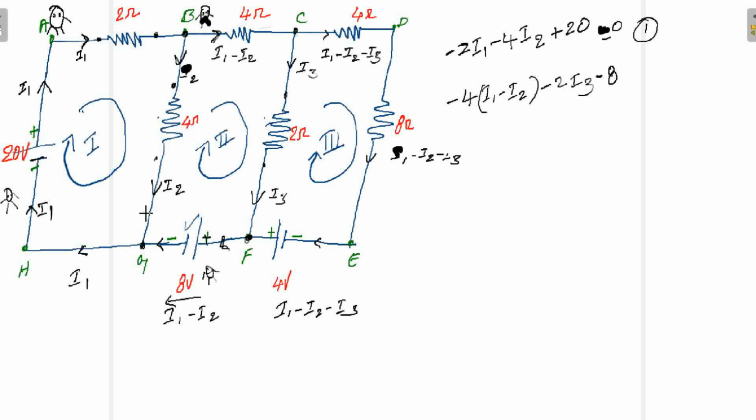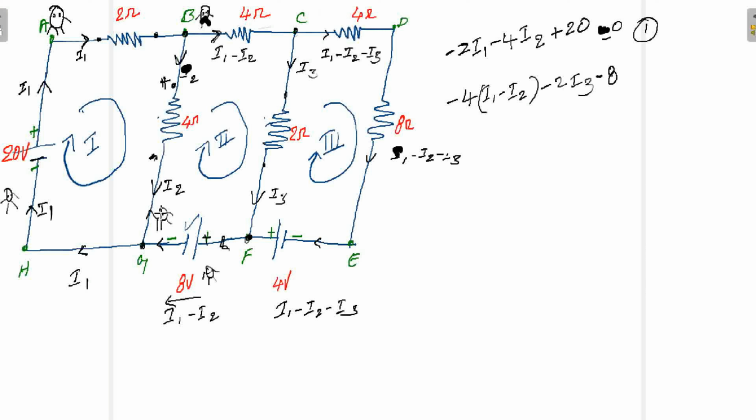Again you start a journey. Now you are here, and the current I2 is flowing from positive to negative. This is your positive and this is your negative. Always current enters the positive end; for a passive element, current enters at the positive and leaves from the negative.